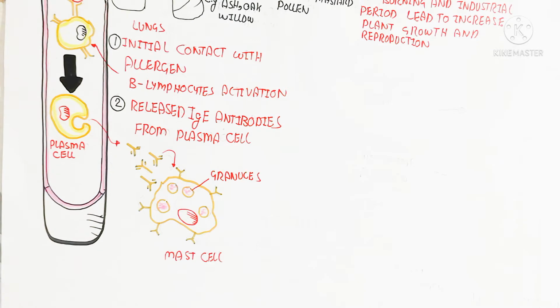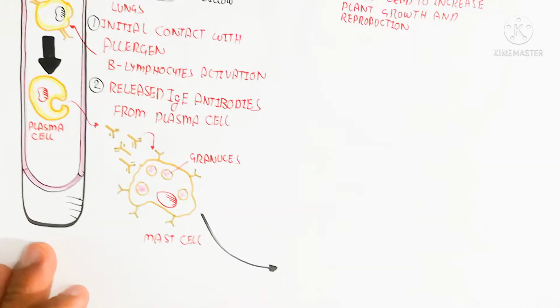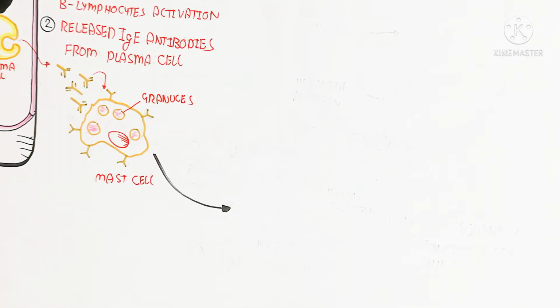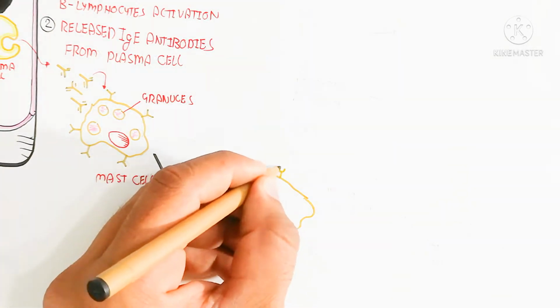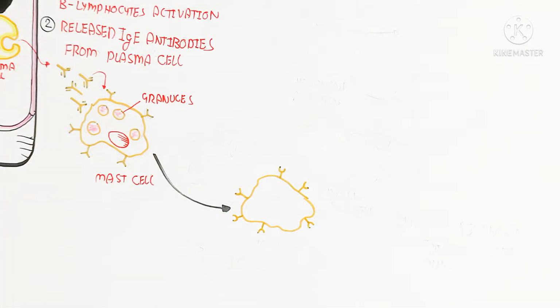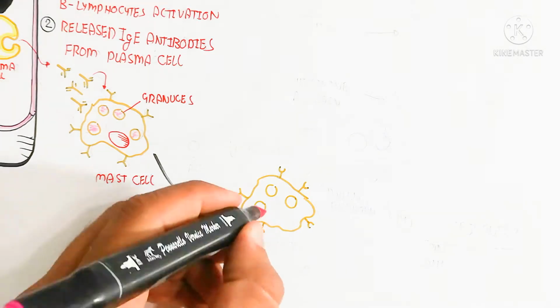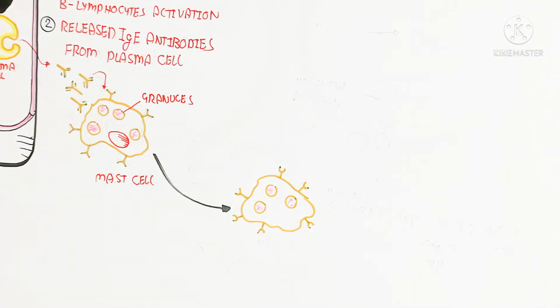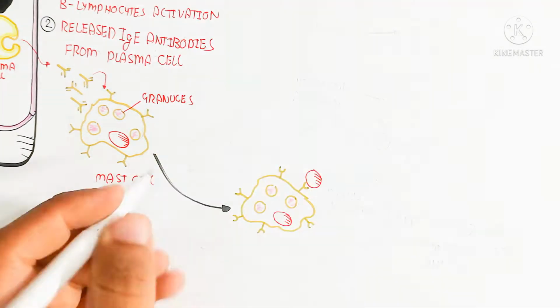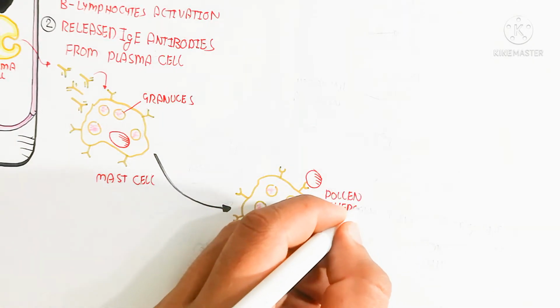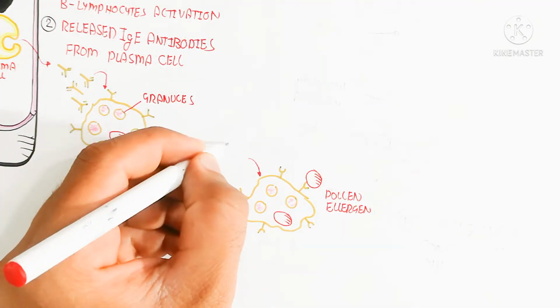After this binding, when the pollen allergen arrives, it binds with the antibodies, the Y-shaped antibodies. After the pollen allergen binds with the antibodies, the mast cell will be activated.